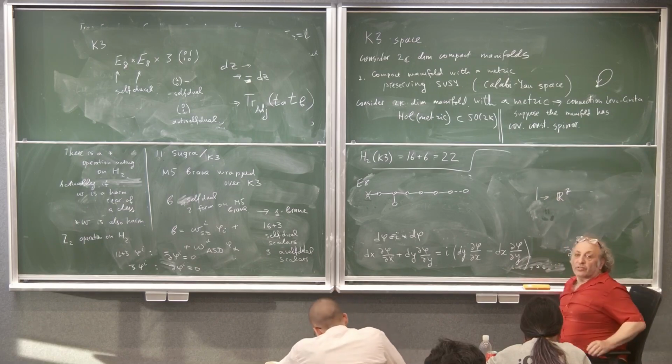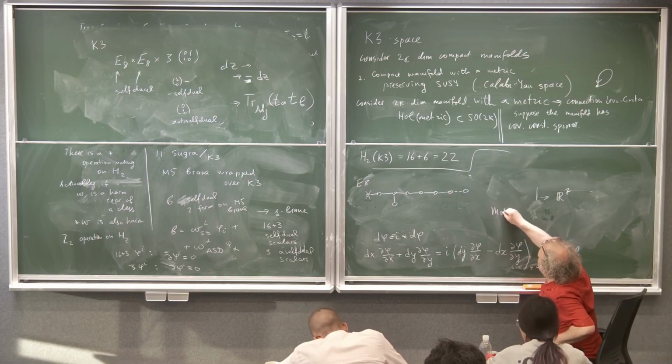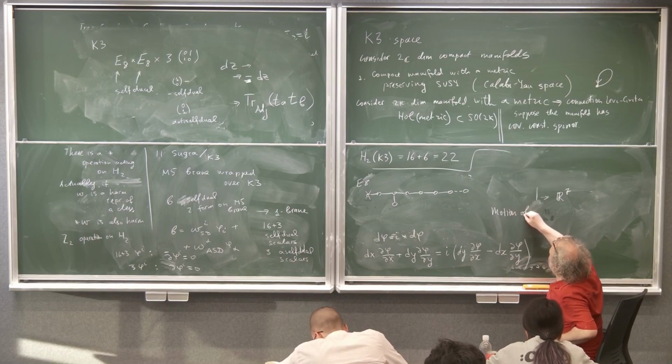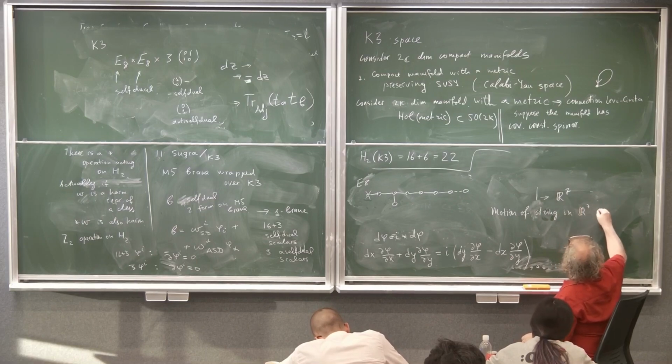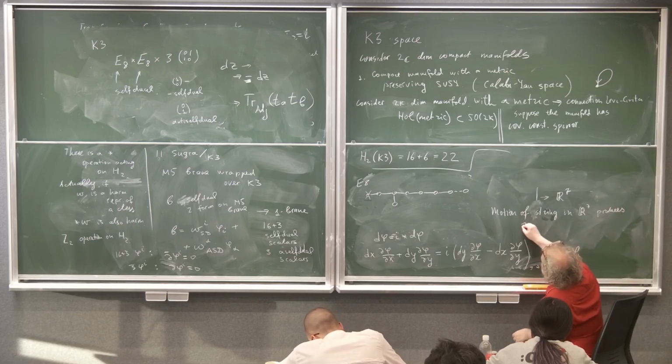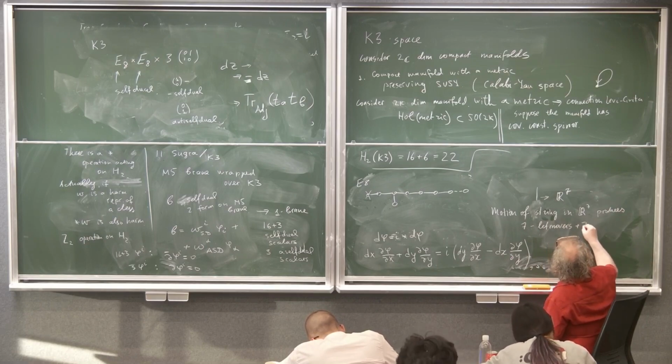The motion of the string in R7 produces 7 left movers plus 7 right movers.